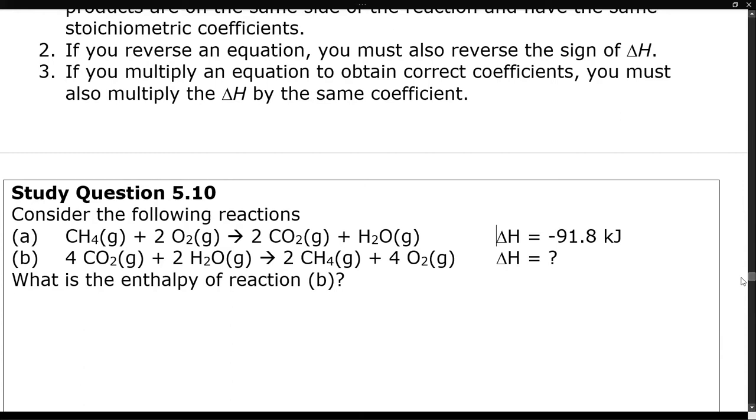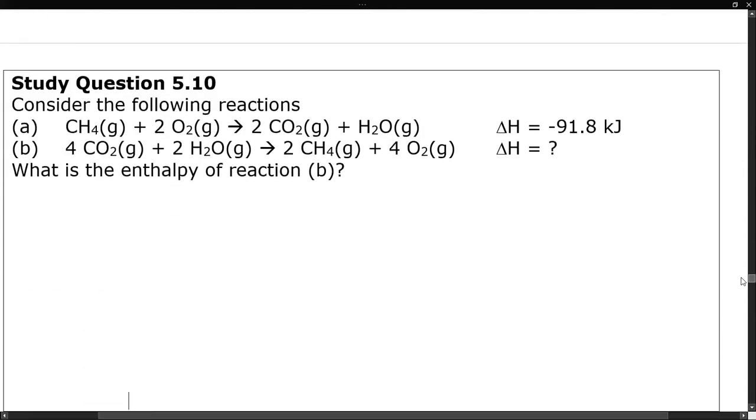So in the end, the enthalpy is just going to be positive, and we're going to have to double that value, 183.6 kilojoules, because we had to flip it.